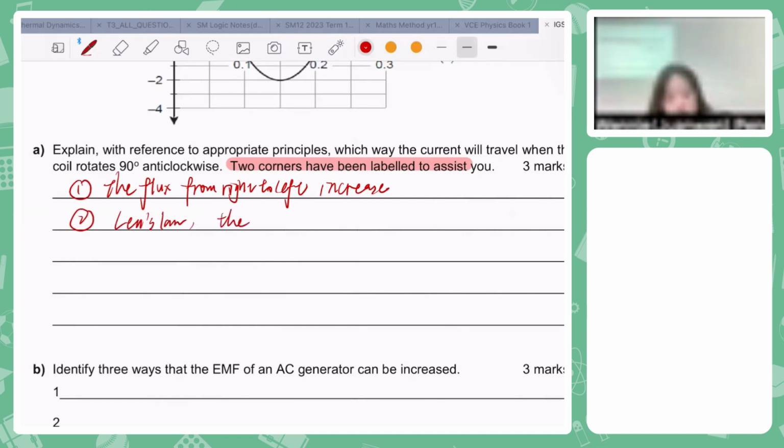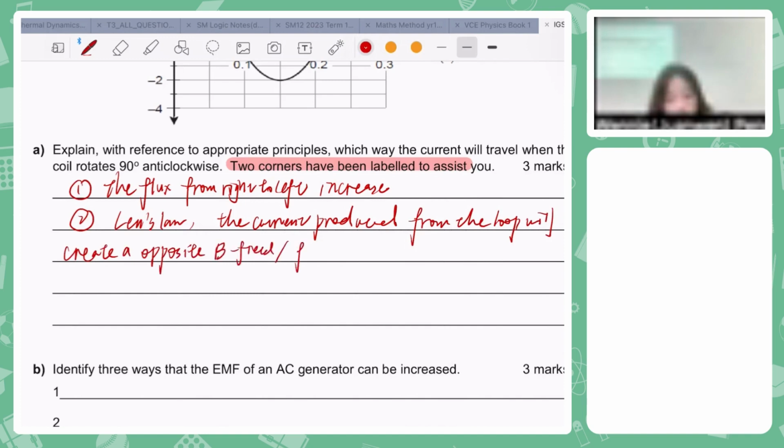The current produced from the loop will create something to reverse that, so they created opposite B fields, opposite flux, which is from left to right.